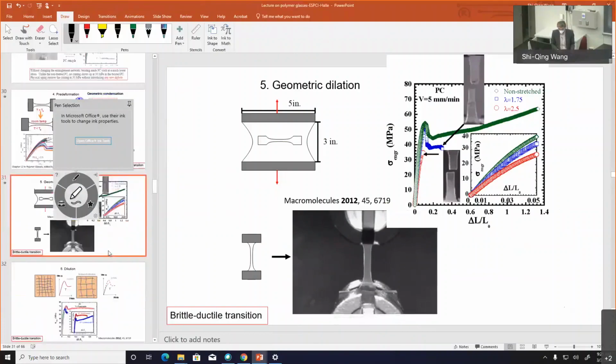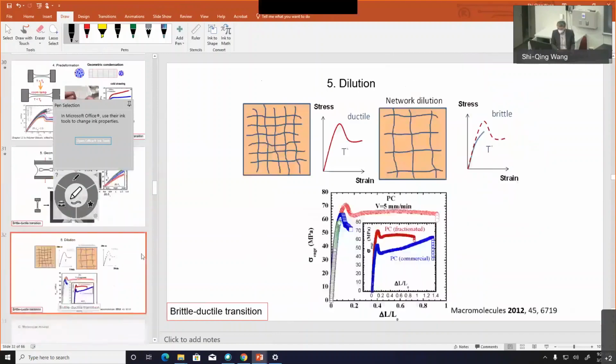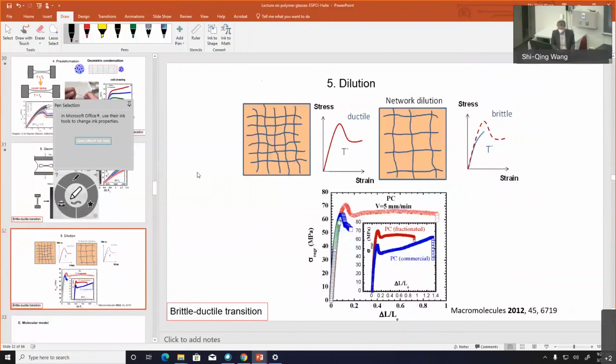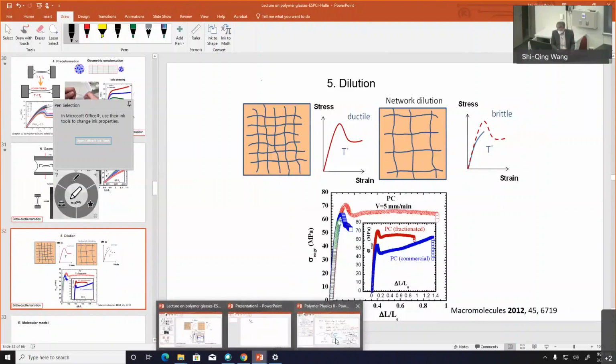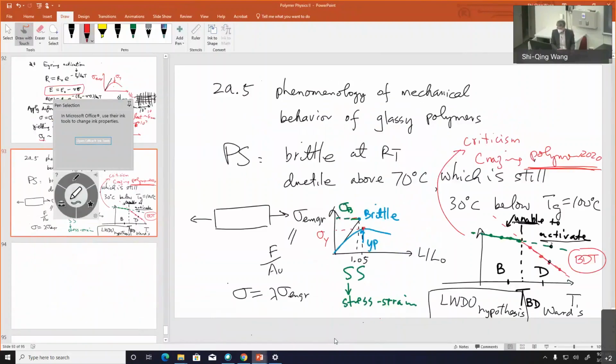So if you want to depict it, basically your network becomes dilated. So let's come back to our notes. I have shared with you a lot of phenomenology.